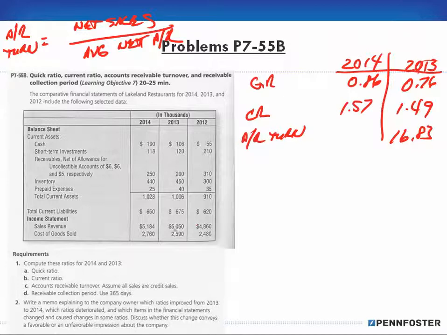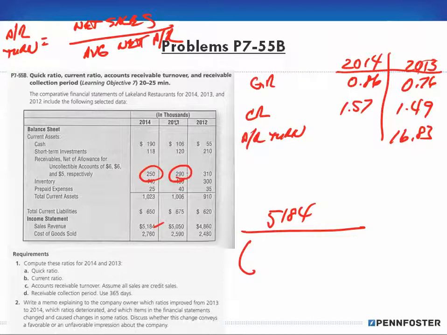We're going to have our net sales revenue, or in this case just our sales revenue, of 5,184. And we're going to divide that by our beginning accounts receivable. Remember, you can't just look under 2014 and say 250. No, that's the ending.